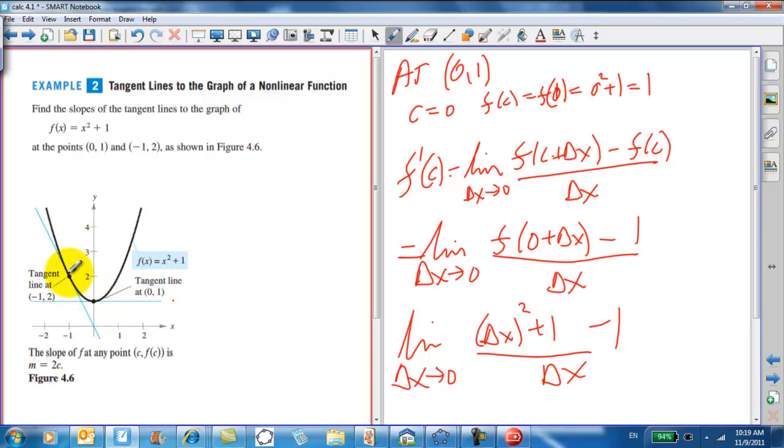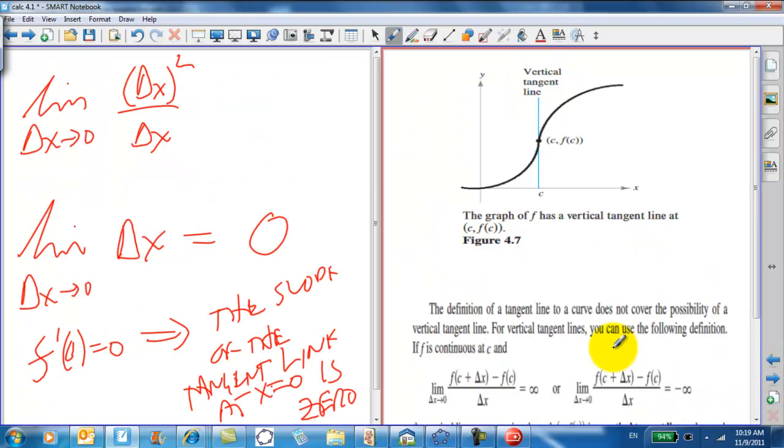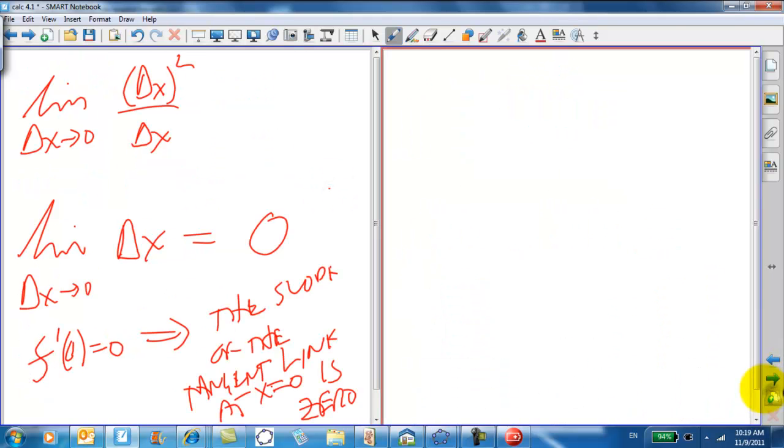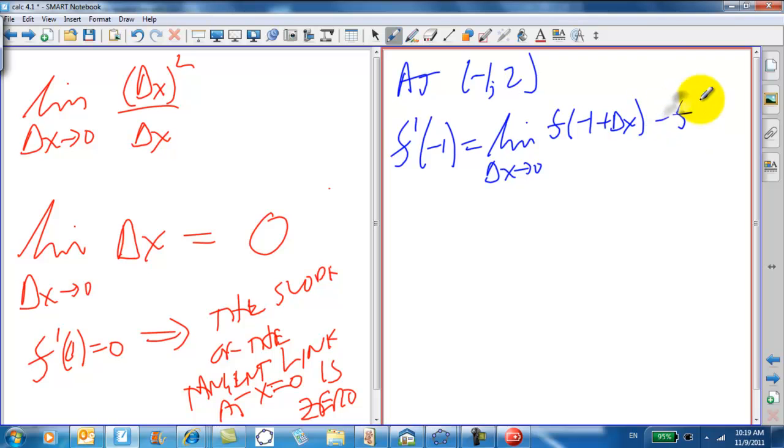Now let's see what happens at negative 1, 2. For the derivative at negative 1, the limit as delta x goes to 0 of f of negative 1 plus delta x minus f of negative 1 all over delta x.